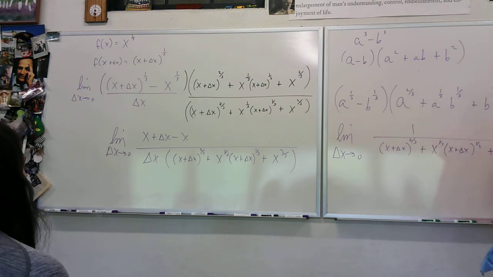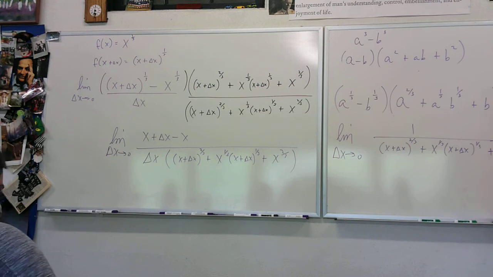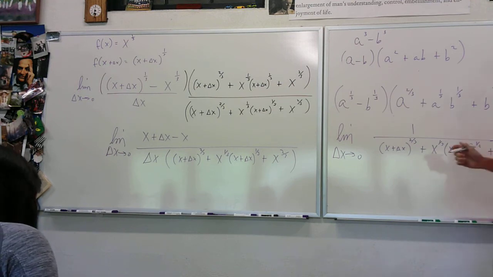Now, what can you do once the delta x is divided out? Plug in 0.